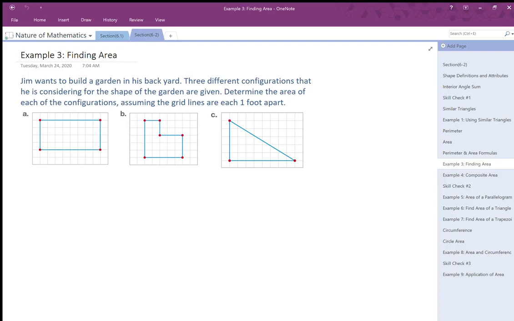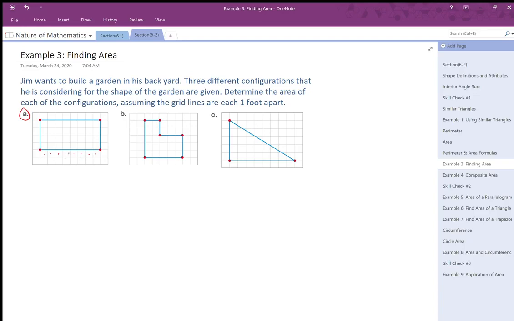All right, here are some examples. Finding area. It says Jim wants to build a garden in his backyard. These are 3 different configurations he is considering for the shape of the garden. Determine the area of each of these configurations. Assume that the grid lines are 1 foot apart. So we would just count the grid lines to see how long each side is. So for example A, we see that the length along the base is 1, 2, 3, 4, 5, 6, 7, 8.